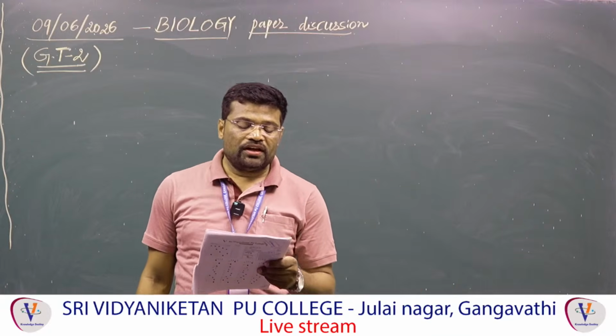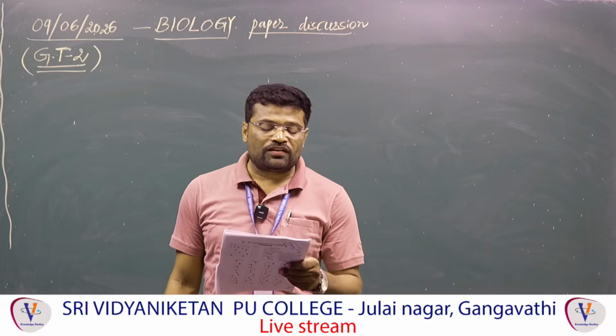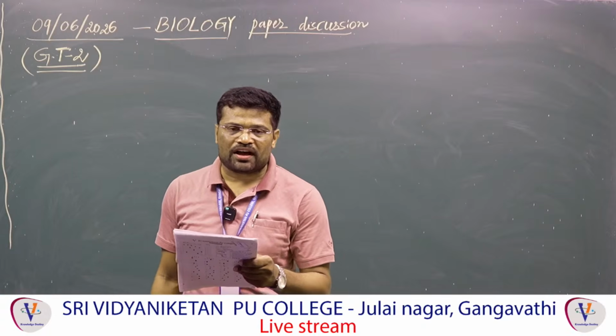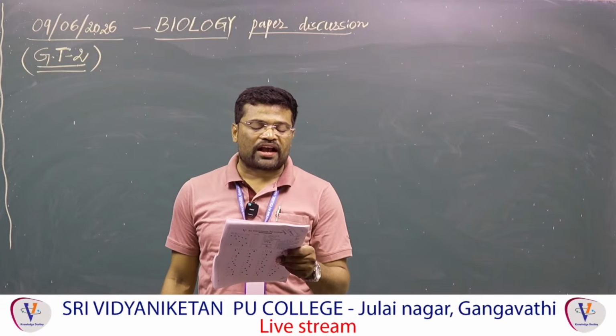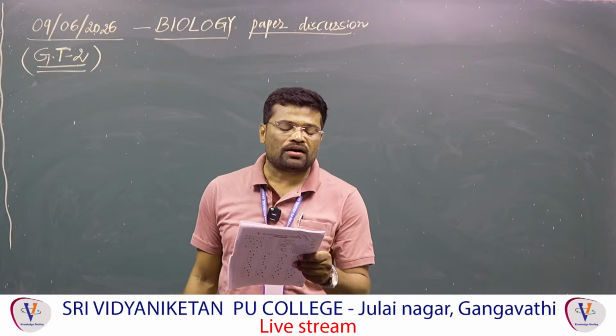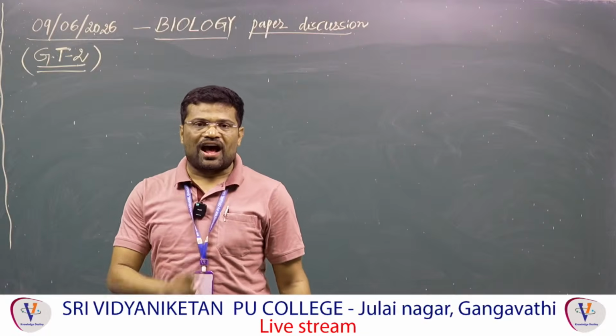Statement A: As we move upward from species to kingdom in the taxonomic hierarchy, the number of shared common characteristic features among organisms increases. So this is a wrong statement.